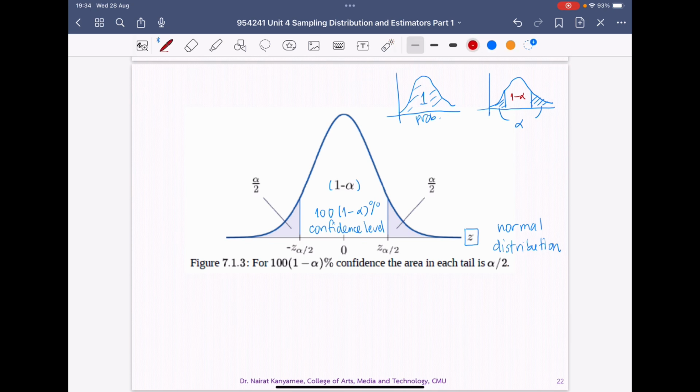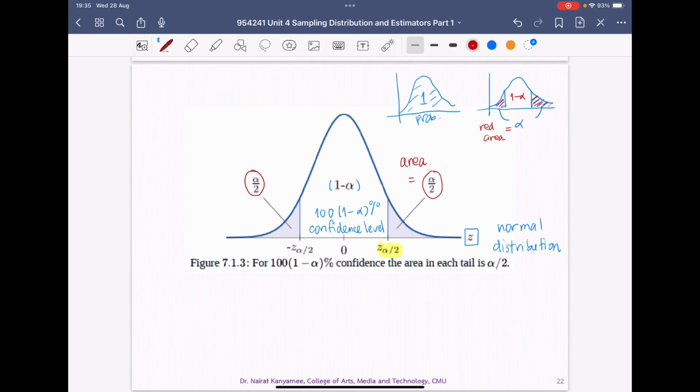Let me mark the red area as alpha, then one piece is going to be alpha over 2, and the two add up to alpha.